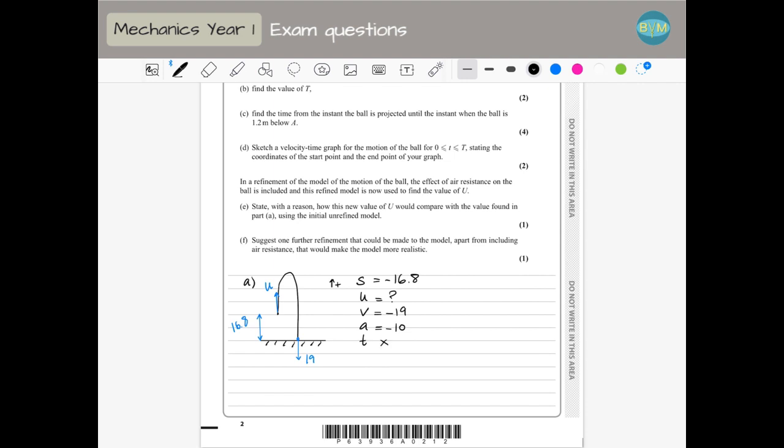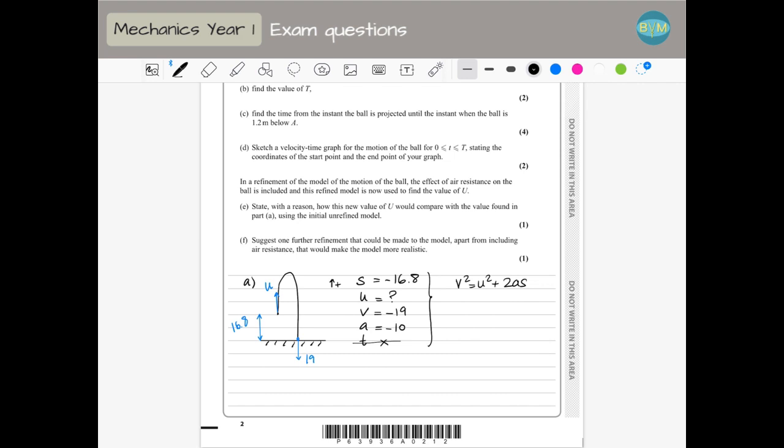We need one equation without t because we don't have t and we are not interested in finding it yet. So that equation without t is this one: v squared is u squared plus 2as. You have the list of SUVAT equations in your formula booklet.